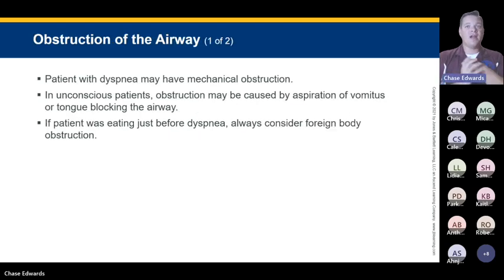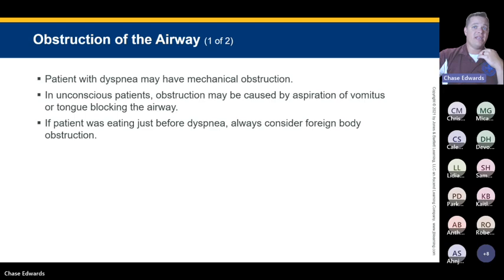All right, obstruction of the airway. A patient with dyspnea may have a mechanical disruption or obstruction. In semi-conscious and unconscious patients, the obstruction may be the result of aspiration of things like vomitus or a foreign object.